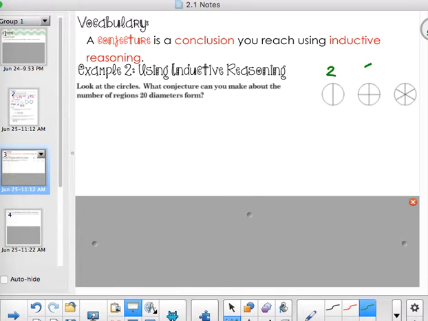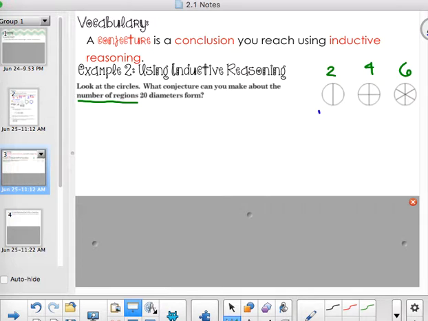There are 4 regions formed from 2 diameters. There are 6 regions formed by 3 diameters. I'm looking at the number of regions because that's where I was directed to look in this example. How does the number of regions correlate to the number of diameters?